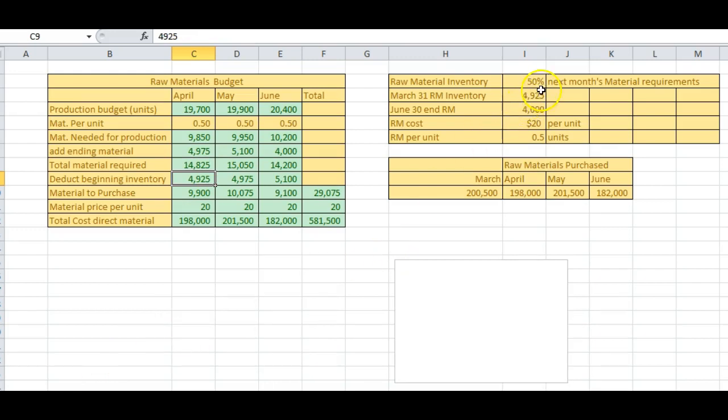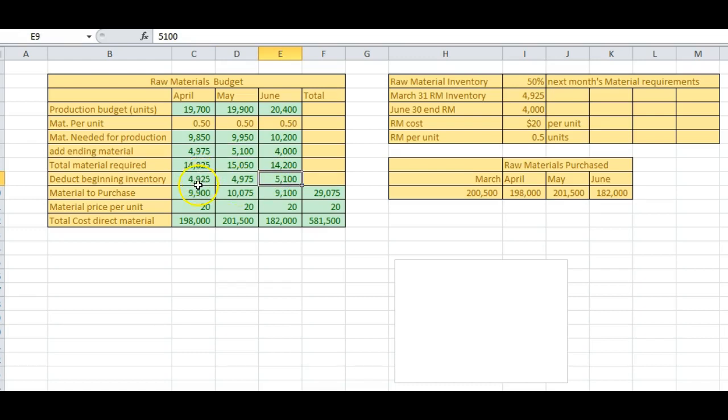So here's the March 31st ending inventory at 49.25. So we have that to begin with. This is going to be the inventory at the end of April, 49.75, and 51 is going to be the ending inventory for the beginning of June here.